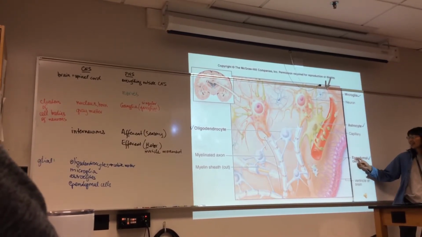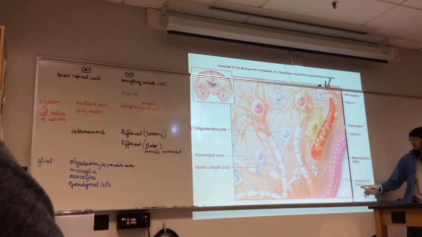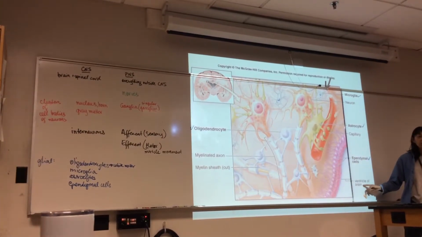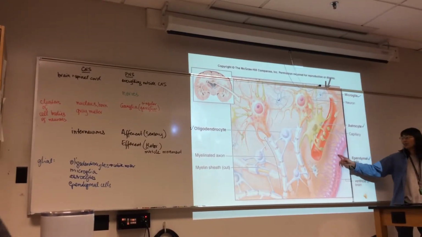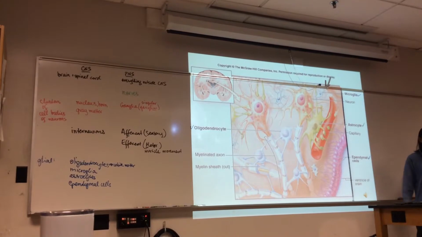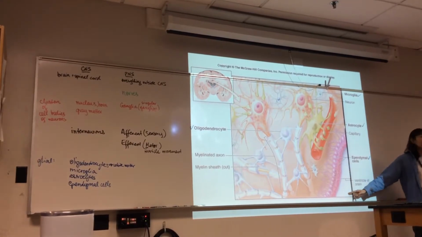It's a liner. It's lining a space in the brain called the ventricle. Anyone know what's in ventricles?